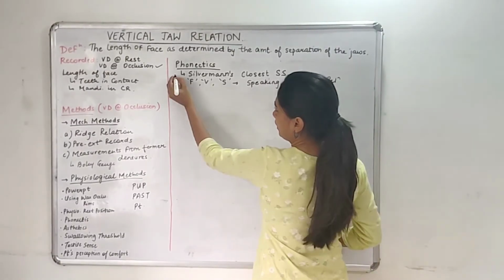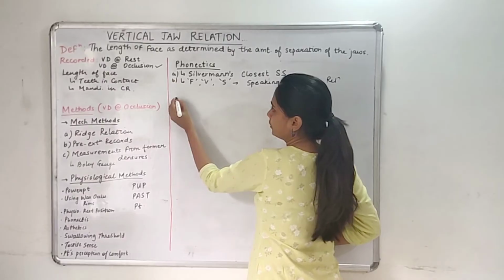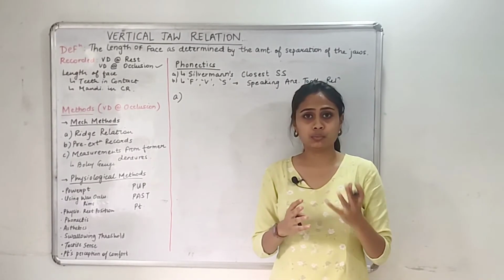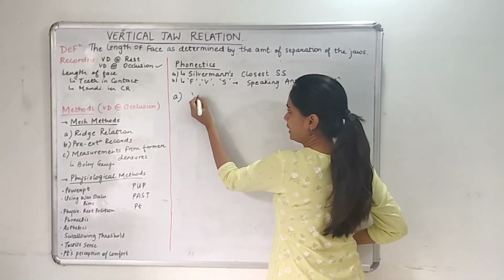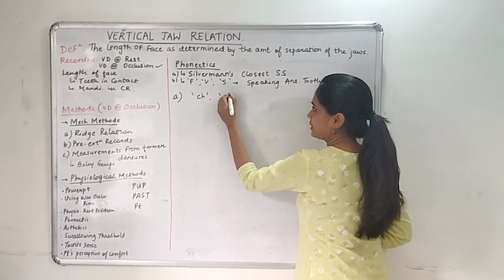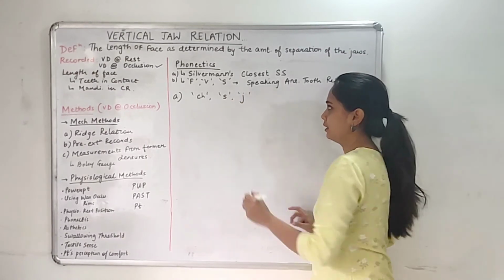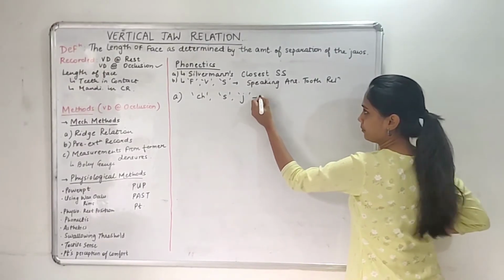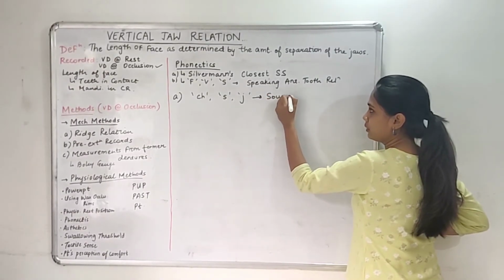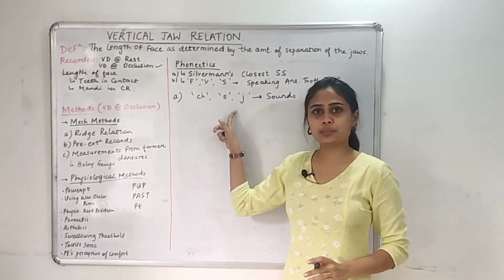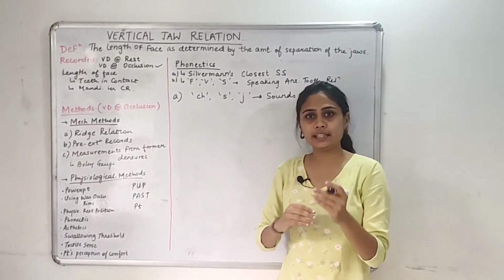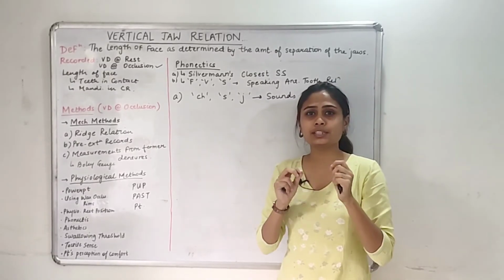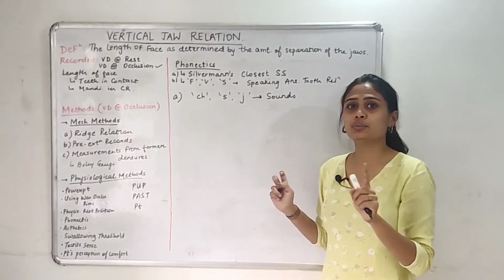I'll just mark it as A and B. In A, that is Silverman's closest speaking space, when sounds like CH, S and J are pronounced, the occlusal rims, or the teeth if you have teeth, come in the closest possible relation, but they do not contact.